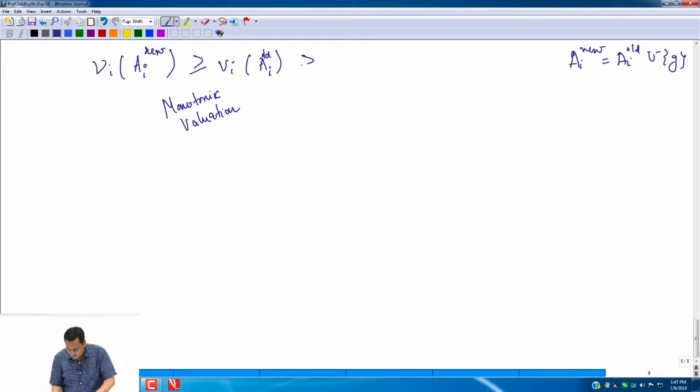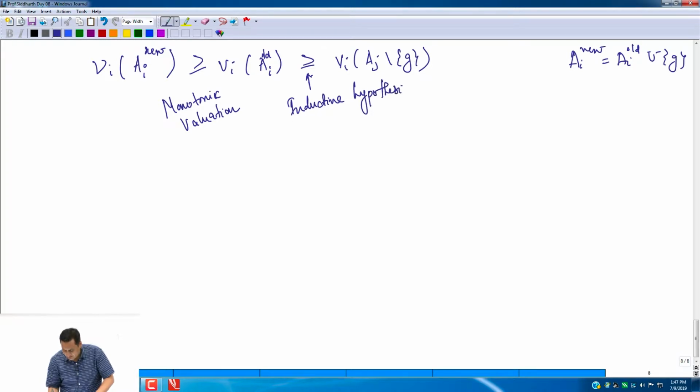So just to sort of complete this, this is by this, and this is the sort of inductive hypothesis, i.e. the fact that in the previous iteration you had EF1. So for all J there exists some, let me just call it g hat to separate it from this good that's assigned.